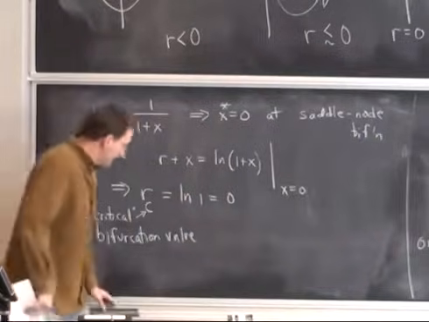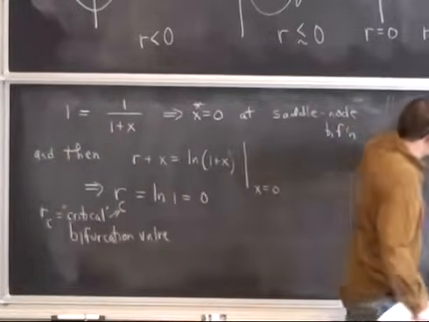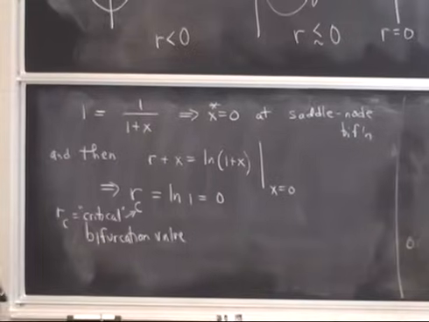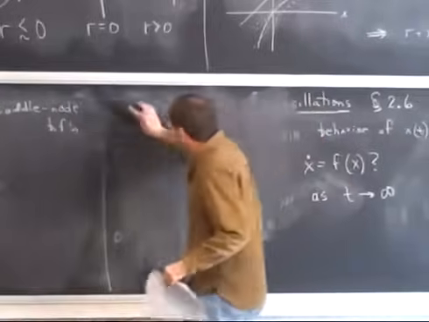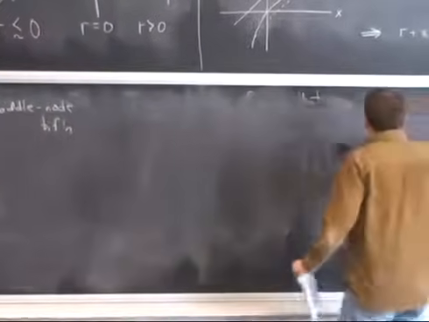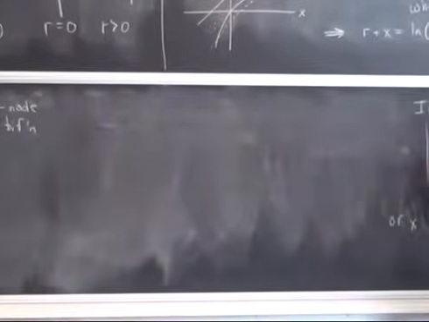One last thing about that. Now that we know that the bifurcation occurs at 0, 0 in this picture, let me show you what happens if we expand the vector field around 0, 0.